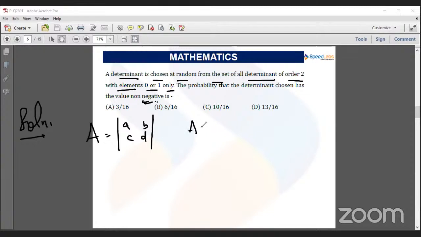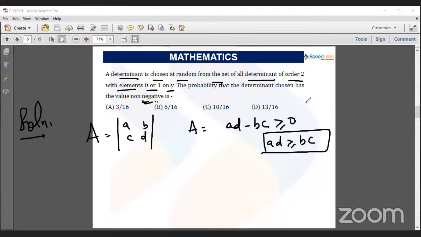So A की value क्या आएगी? It will be AD minus BC. It has to be non-negative. So basically AD should be more than or equal to BC. And all the elements can be 0 or 1. ठीक है? तो क्या क्या चांस है? फिर AD can be 1, case number 1, and BC can be 0.